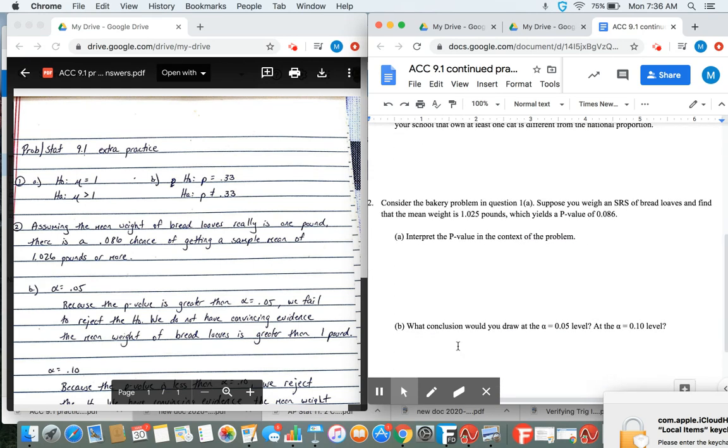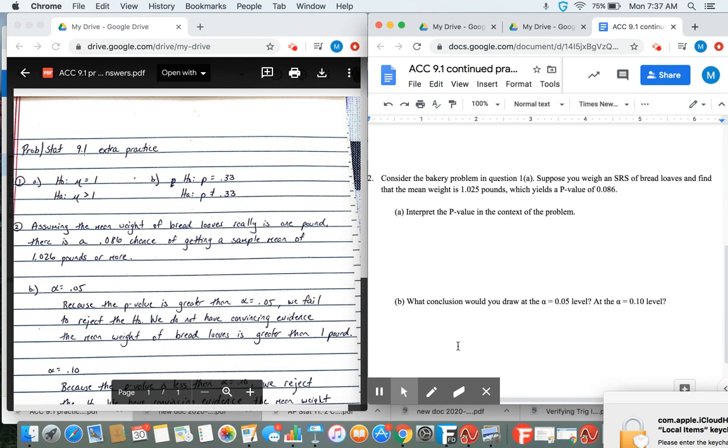All right. For 2A, we have to interpret the p-value. P-value means it's a probability. It's the likelihood something would occur. So in this case, if the mean weight of the bread loaf really is supposed to be 1 pound, yet you took a sample and your sample got an average of 1.025, well, the chance of that happening was 0.086.